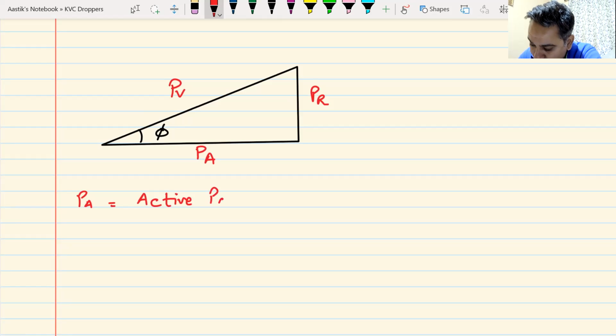Active power, or sometimes I can call it the average power, the average power over one cycle.